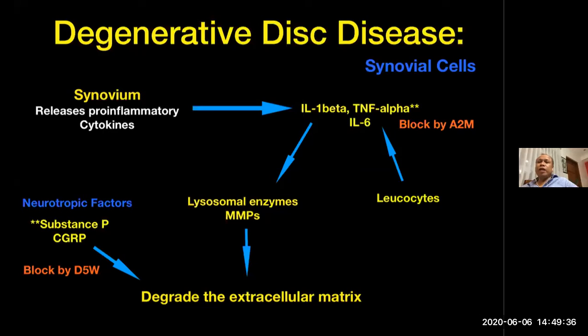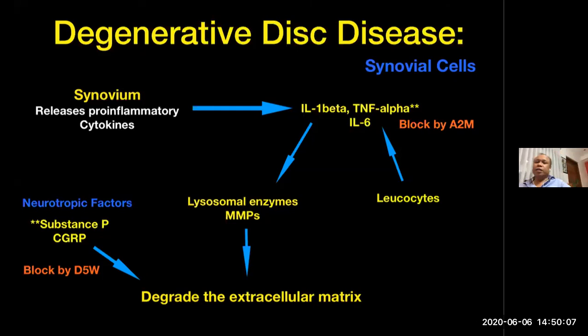Another thing is that TNF-alpha will also stimulate substance P and CGRP, which are neurotropic factors. And these will also be released, giving rise to added pain to the patients. But it is also interesting to know that these different pain mediators are treated differently by different solutions.